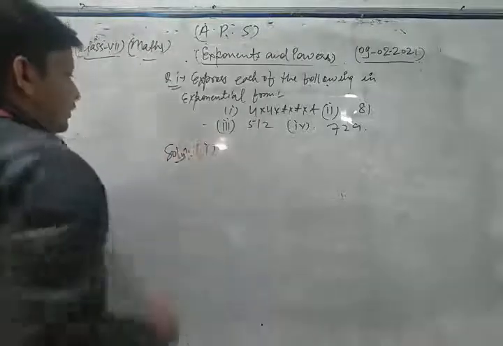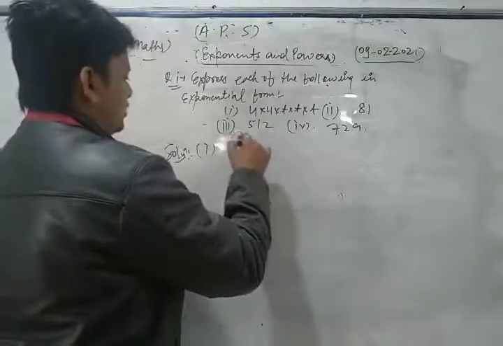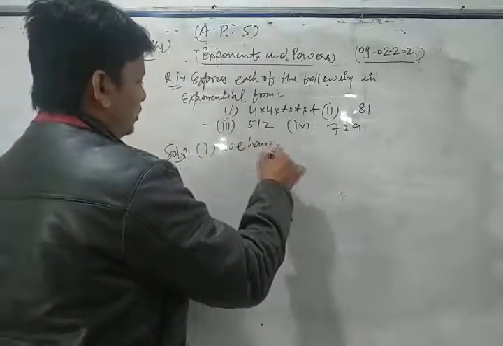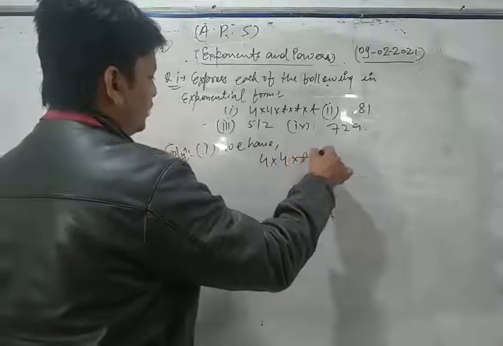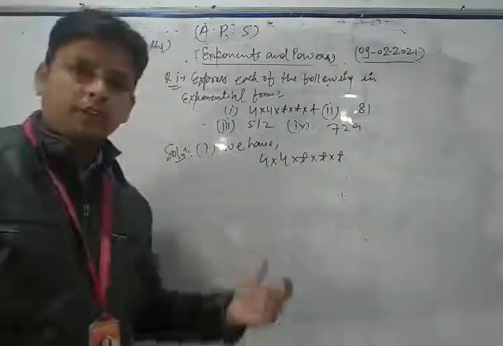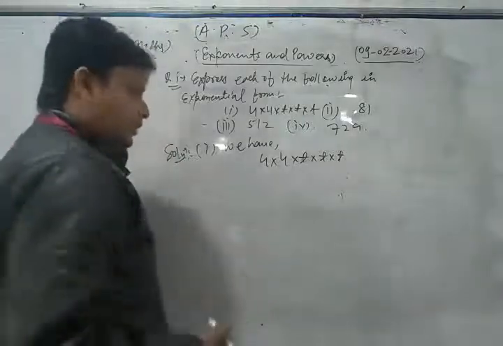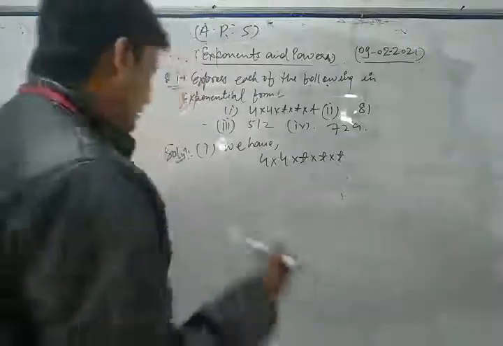Let's see. In the first part of this question, we have 4 into 4 into 3 into 3 into 3. Since we know that, we just discussed the basic laws of exponents. Let's see.